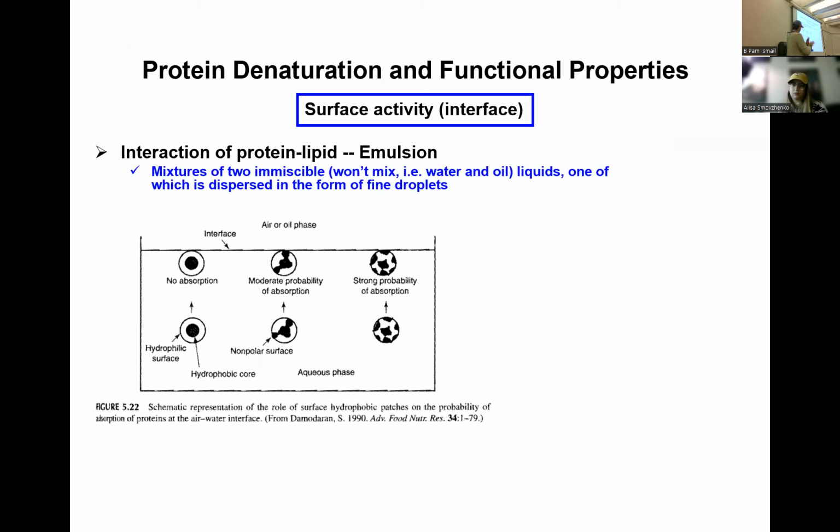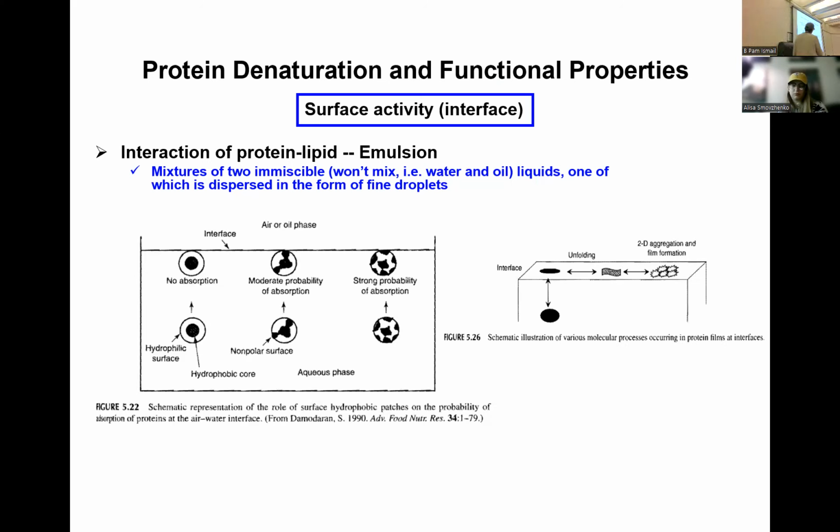You will see that term if you're reading manuscripts. I often say hydrophobic balance, but this is another term we find when reading literature.